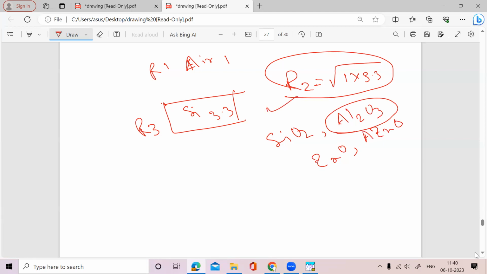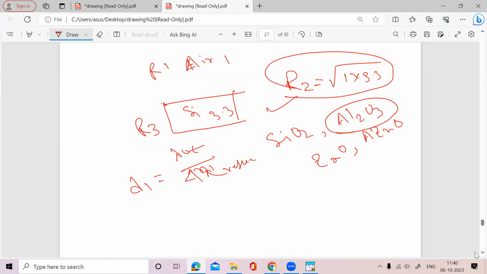Another thing: how much thickness should this anti-reflection coating have? How can I calculate it? There is also a formula for this. The formula for the thickness is d1 equal to lambda 0 over 4 n1. Here n1 is the refractive index of this material, and lambda 0 is the wavelength where we want to absorb the maximum photons.